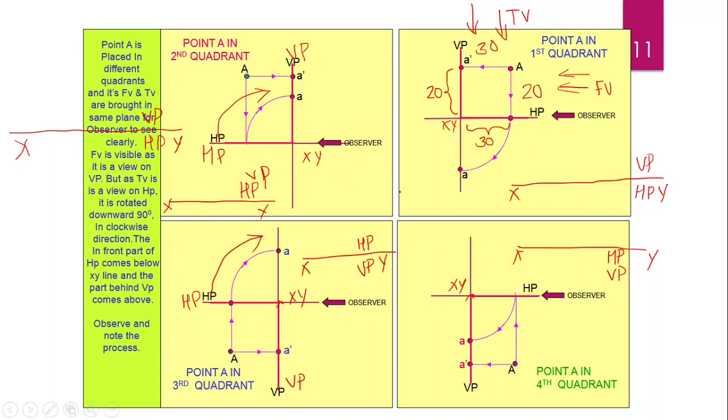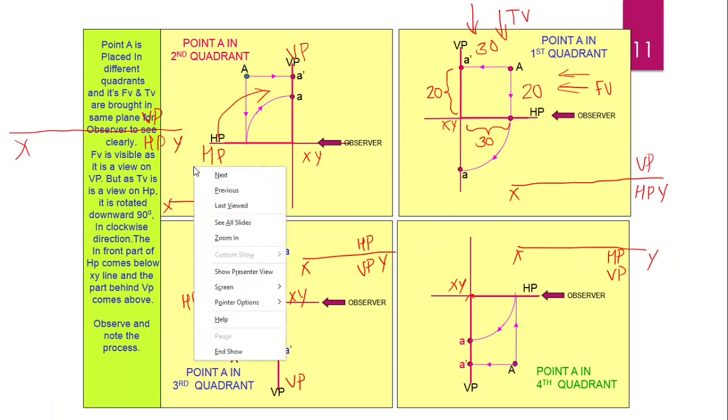Then we can represent the orthographic projection of that particular point A when that point is lying in the first quadrant like this.